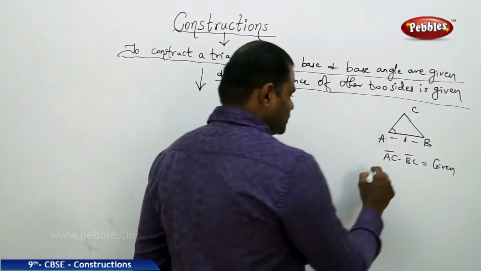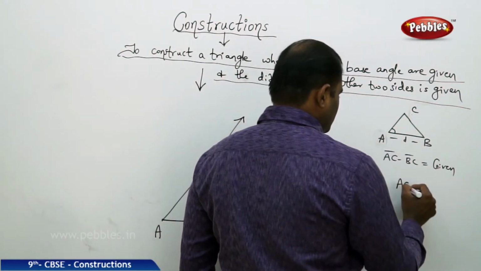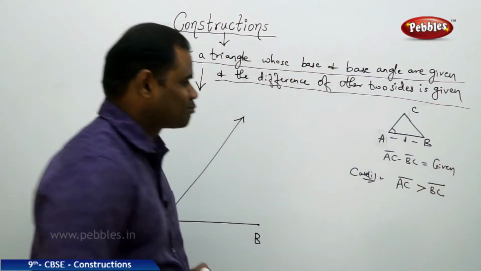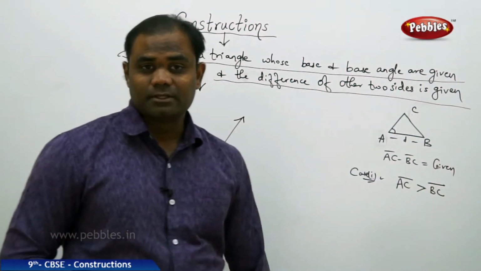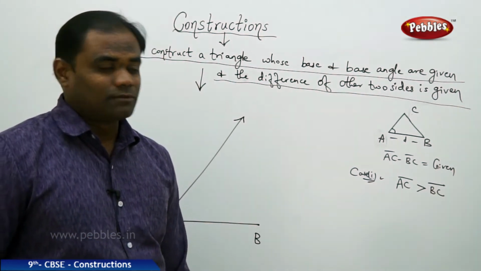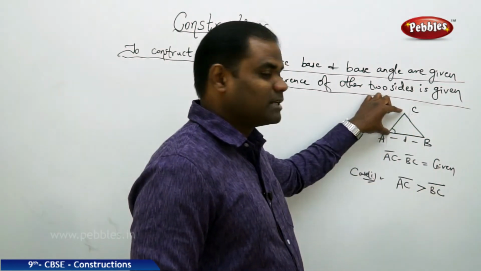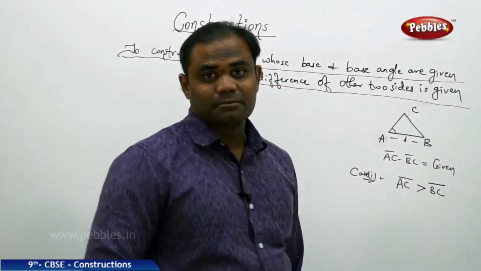Here case 1 is that AC is assumed to be greater than BC. There is a possibility for AC to be less than BC, which we take exclusively as the second case. So the first case dealt with constructing a triangle is that this measurement AC is assumed to be greater than the length BC.